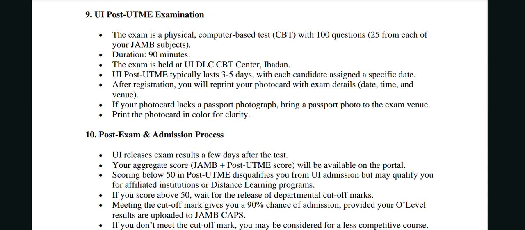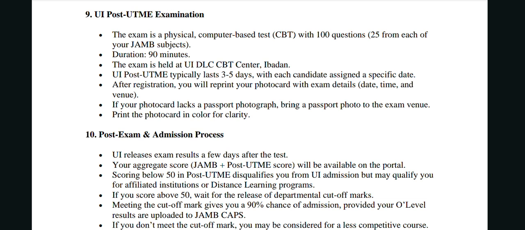So now let's go to number 9, the post-UTME examination. The exam is always physical. It is CBT and you have 100 questions, 25 each from your four-subject combination, your JAMB subject combination. That means if you have chosen English language, literature in English, government and CRS, you are doing the same in post-UTME.